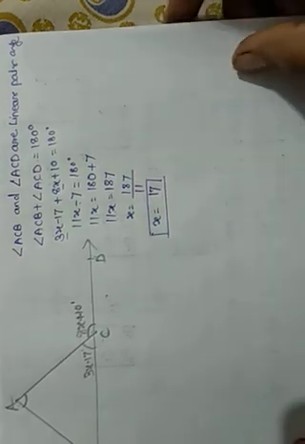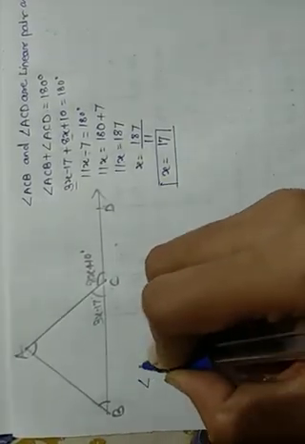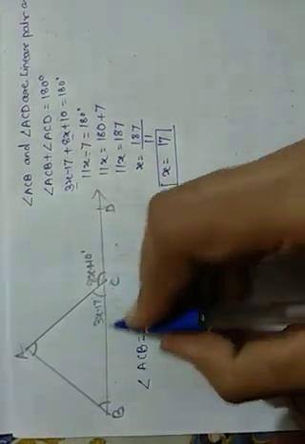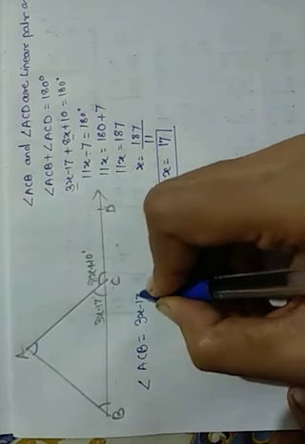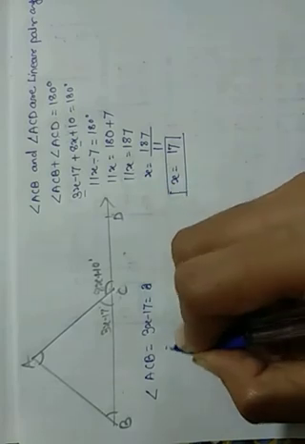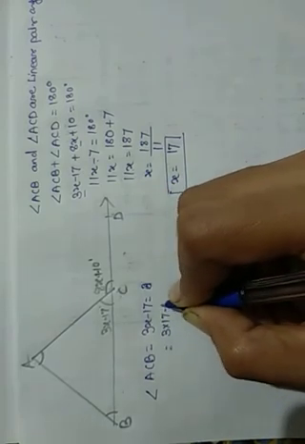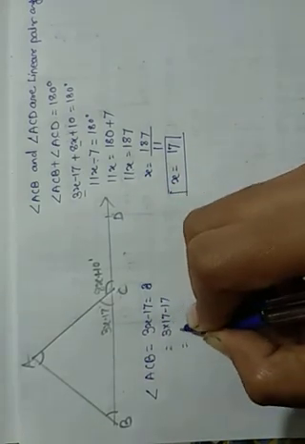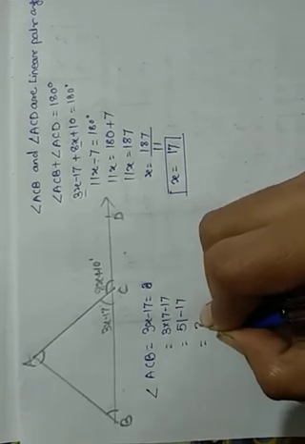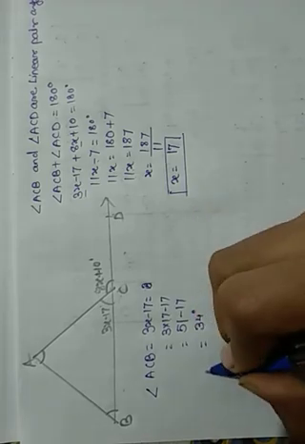Now find out here angle ACB. Angle ACB is 3x minus 70. It means 3 into 17 minus 70. 17 3s are 51 minus 70, that is 34 degrees.